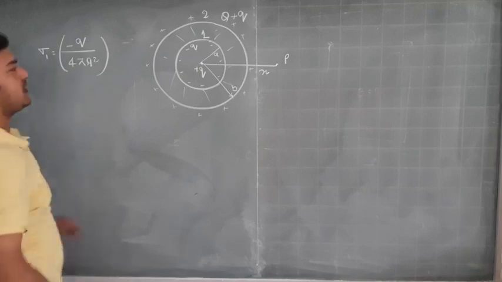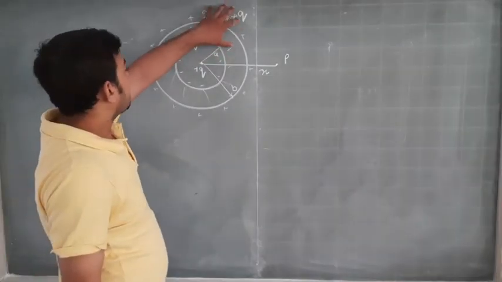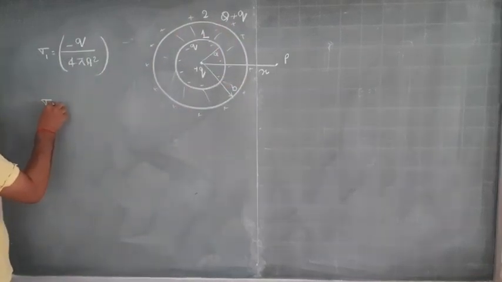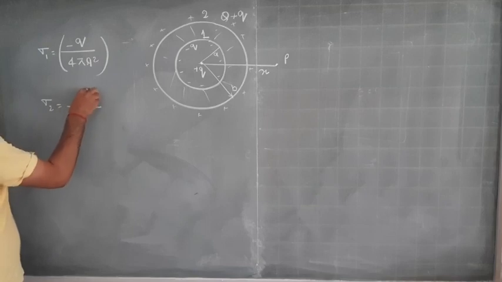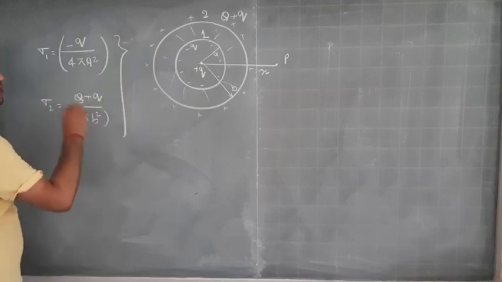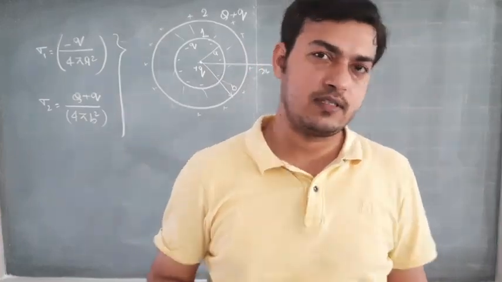It is the surface charge density of the inner surface. Now if I find the surface charge density of the outer surface, then for the outer surface the net charge is Q plus q and the surface area is 4 pi b squared. So these two are the surface charge densities of the inner surface and outer surface.